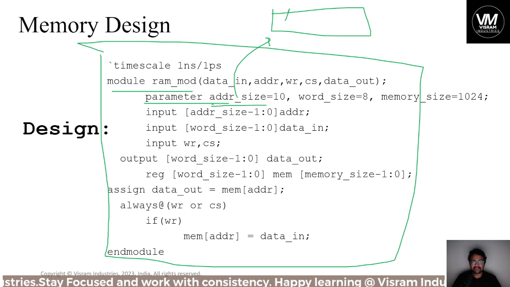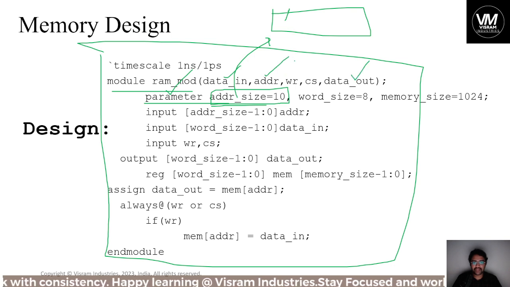As common terminology, you can represent it in terms of parameter. It is a best practice. For the inputs, data in and data out, address, write signal, and CS, we are writing the data now. Word size is 8.